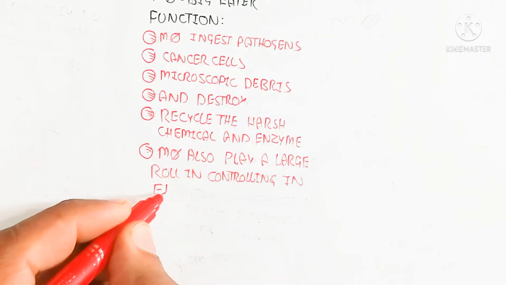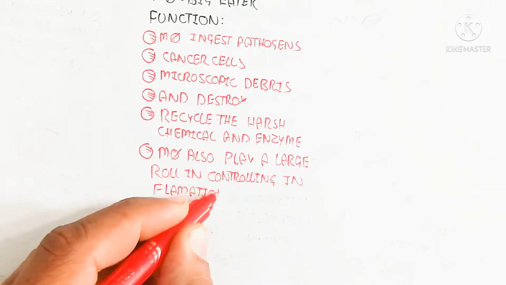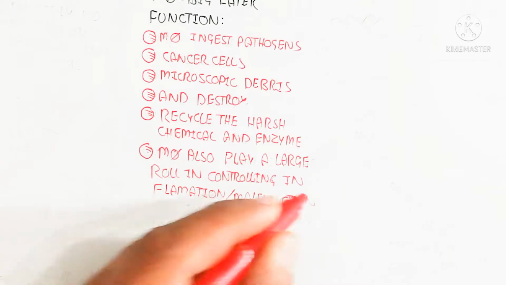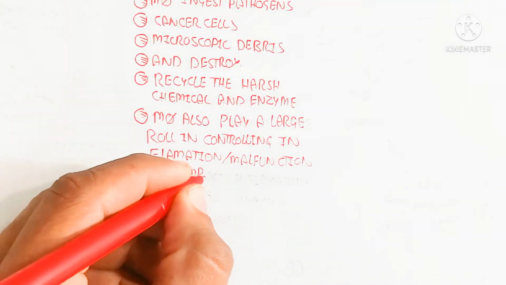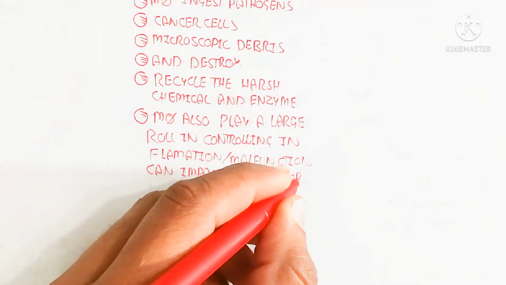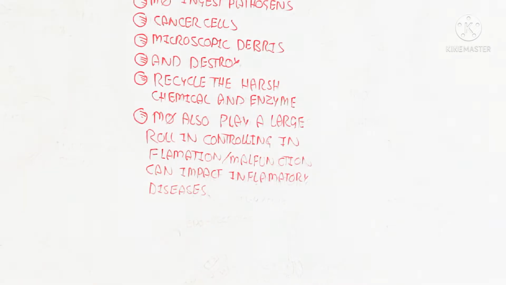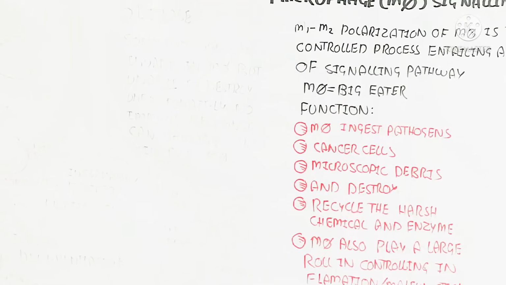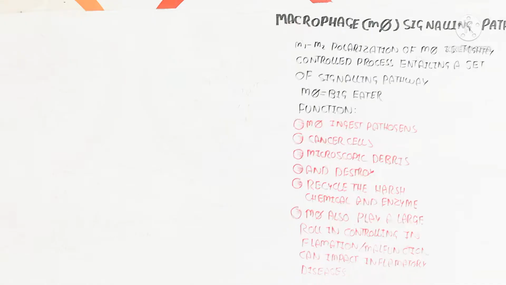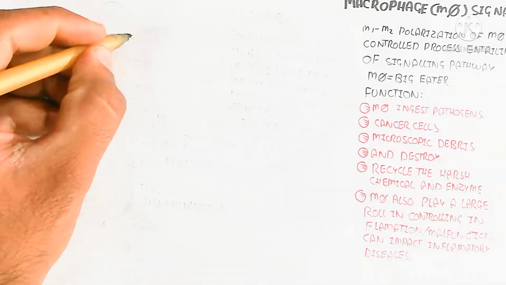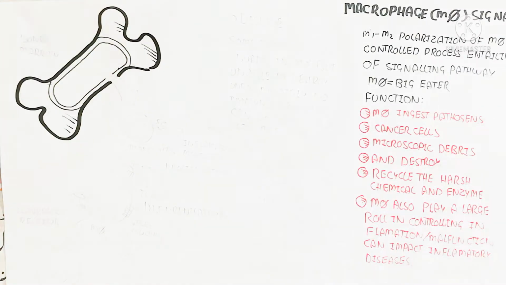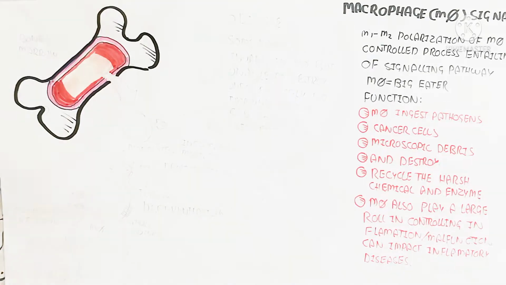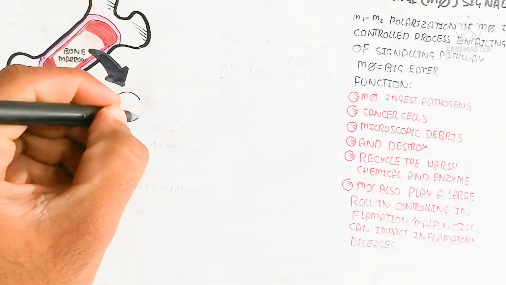Macrophages also play a large role in controlling inflammation. Malfunction of the macrophage can cause inflammatory disease, because the clearance of the pathogens will not occur, as this is part of the innate immune system.